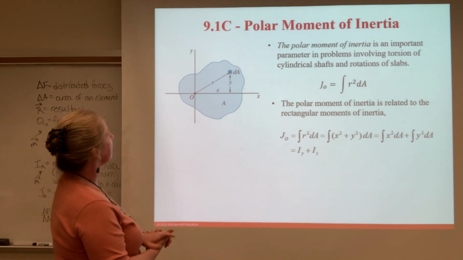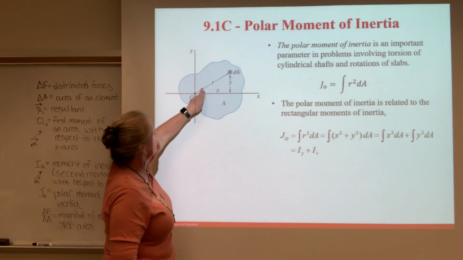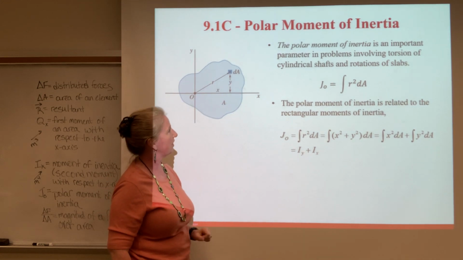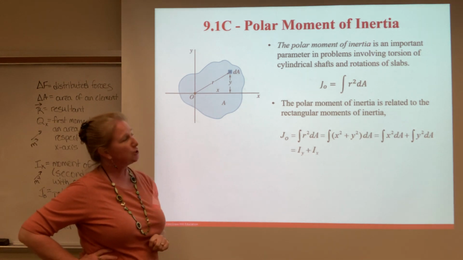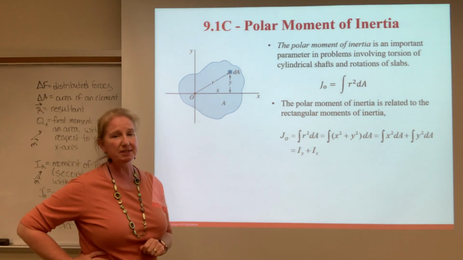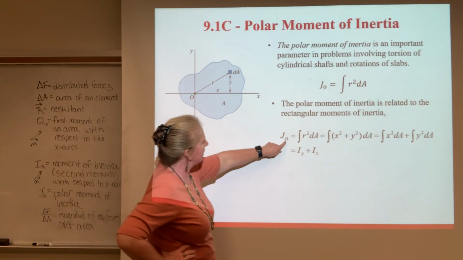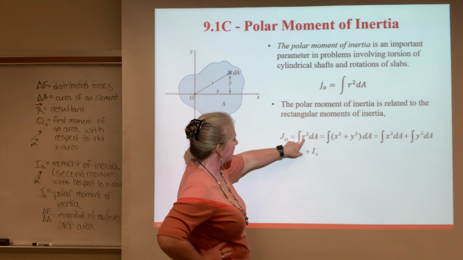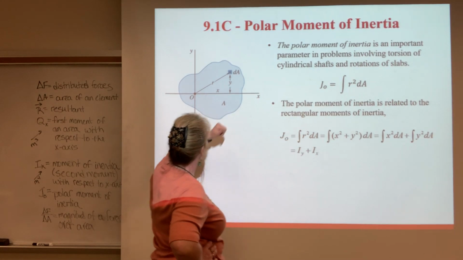Recollect that in polar coordinates, I have an angle and I have a radius. That's how I describe areas. For certain types of shapes, polar moment of inertia is very helpful. My polar moment of inertia is the integral of r squared times dA.